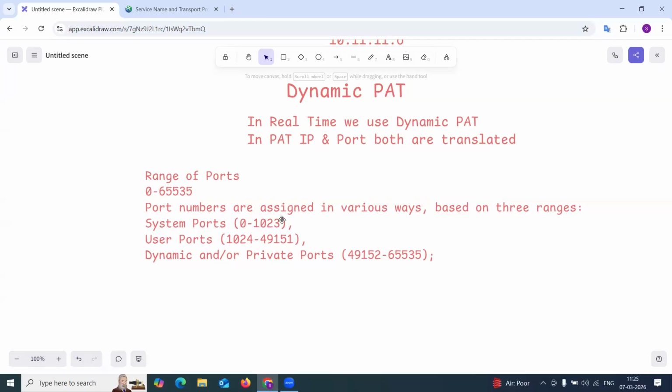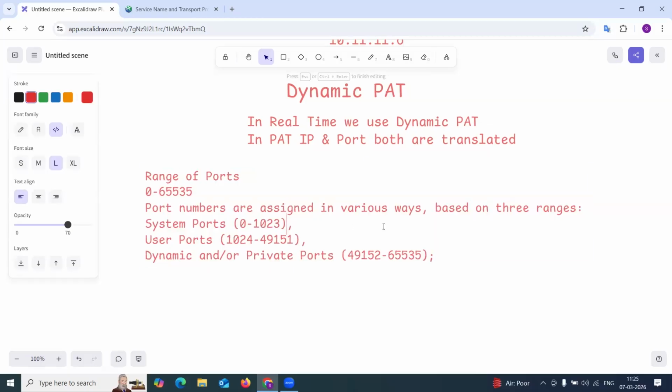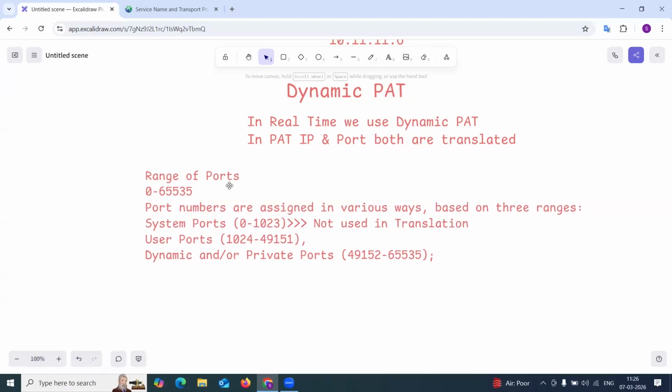Now out of this, 0 to 1023 which you see, is not used in translation. Understand? So 65,535 minus 1023.